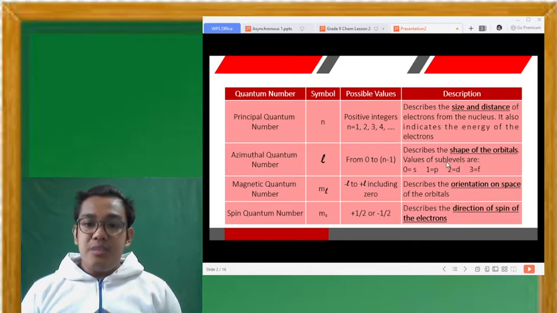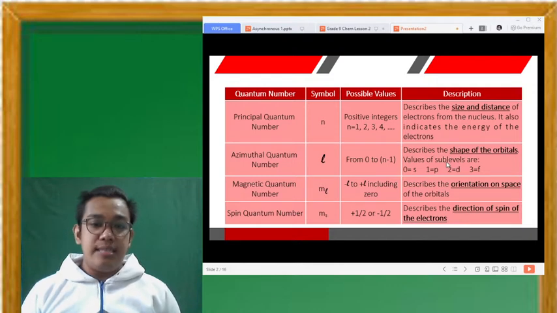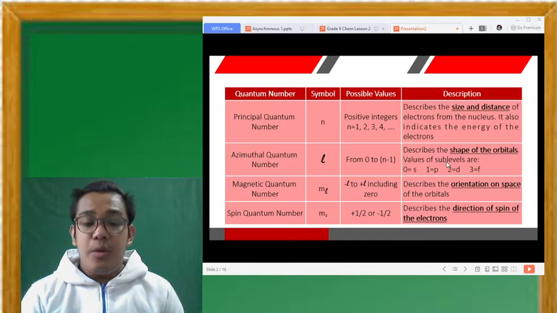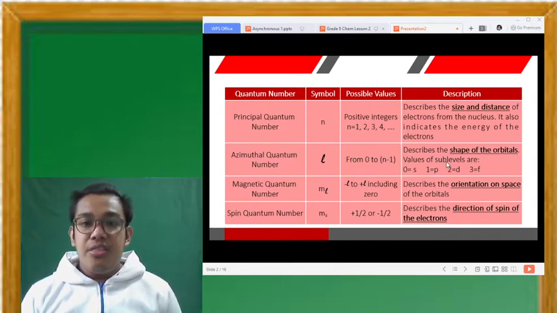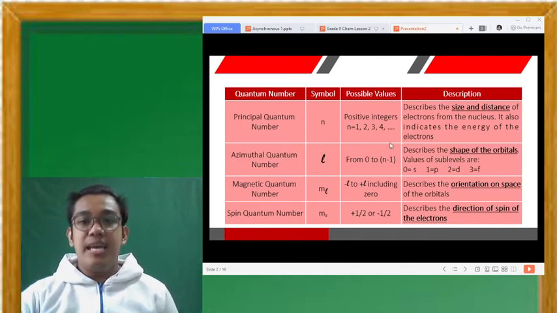It describes the orientation in space of the orbital. The next one is the spin quantum number, written as small letter m with a subscript letter s. The possible values are positive one half or negative one half. It describes the direction of spin of the electron.